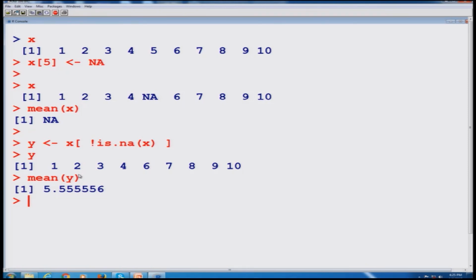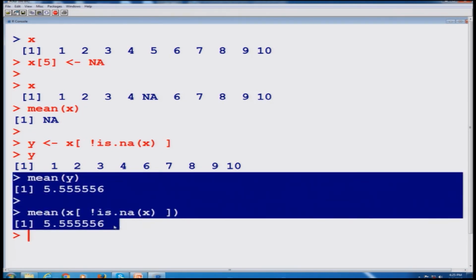Well, in case you have some practice, then all these operations can be written in a single line. For example, I can find out the mean of all those values which are not missing like this. You can get the same value.